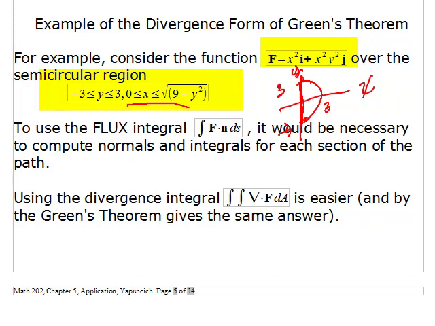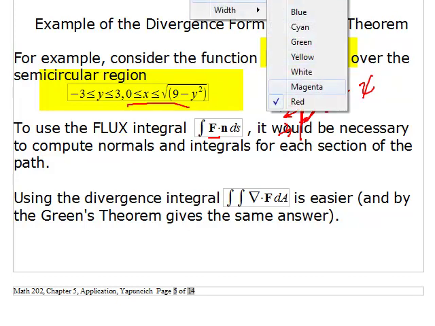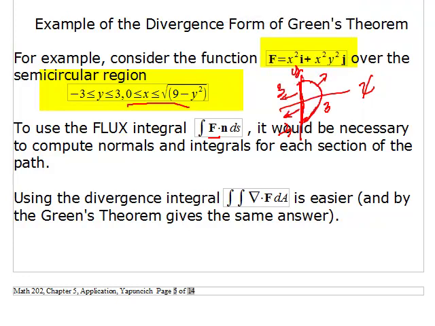Now, if you want to use the flux integral, in which you find the normal component of the field by dotting it with the outward normal, so here are your outward normals sticking out of the whole region, you would have to integrate around this. This surface, drawn in red, would have to be parameterized. And you can see from this that you would actually need two parameterizations.